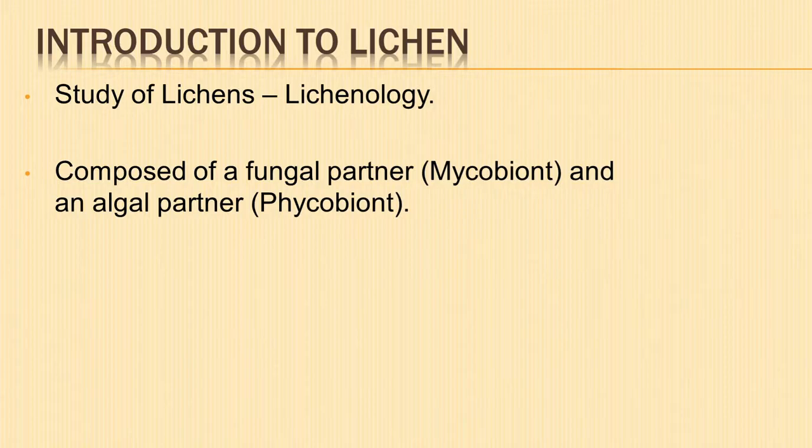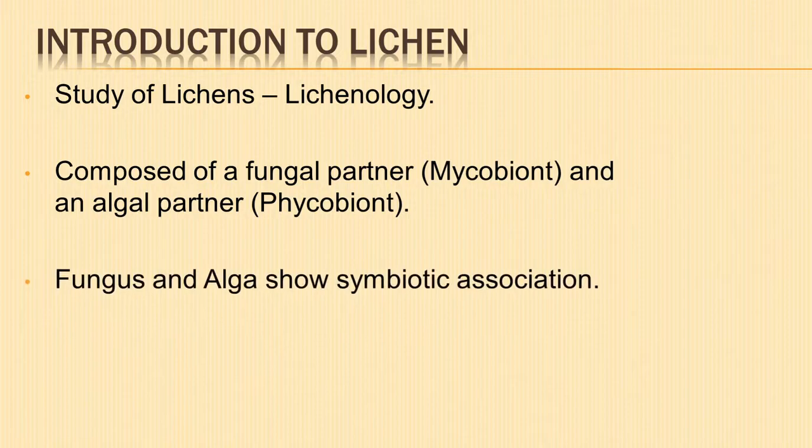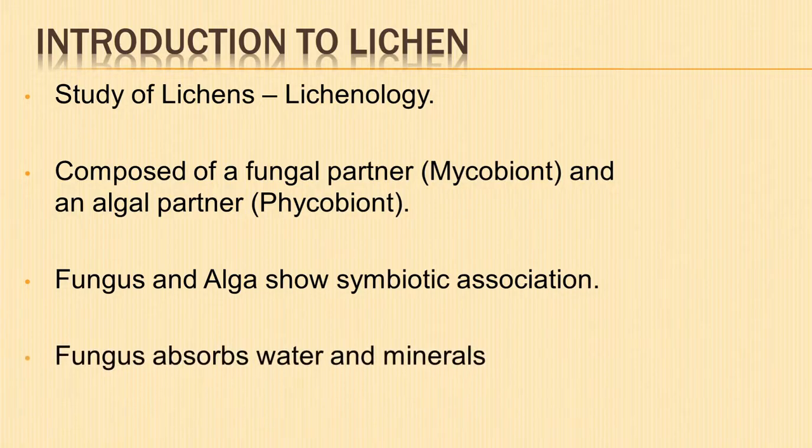The algal partner is mostly a green alga or a cyanobacterium. The fungus and the alga in the lichen thallus derive mutual benefit from their partnership. The fungus with the rhizoids absorbs water and minerals from the substratum which are passed on to the alga.